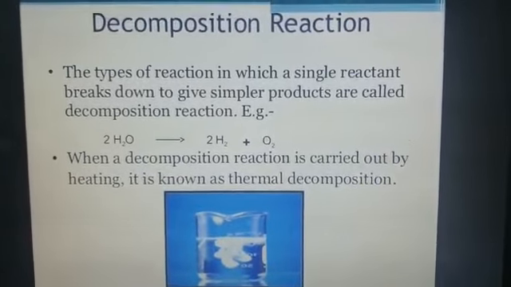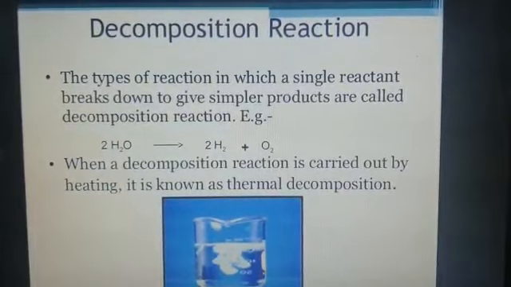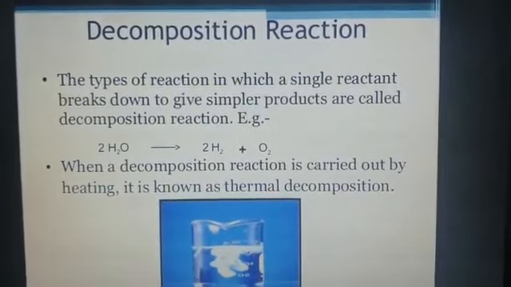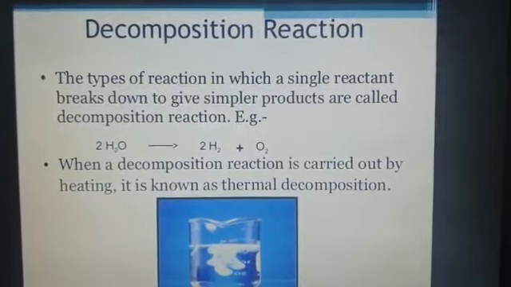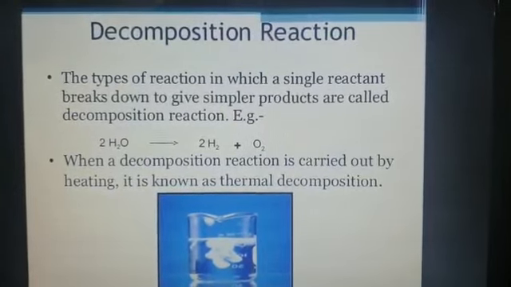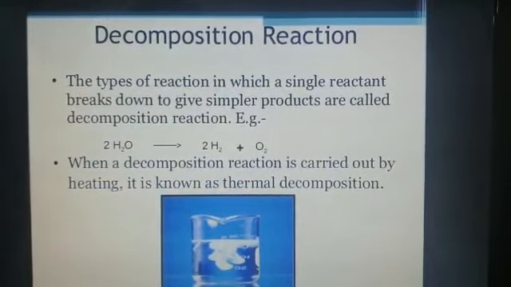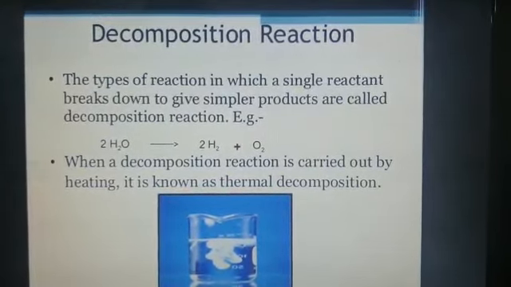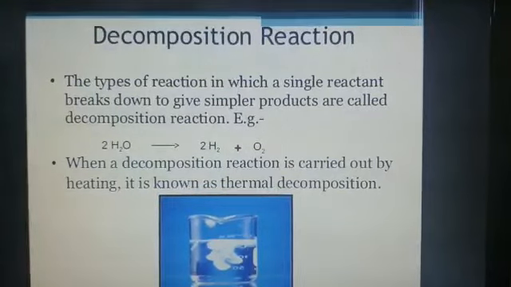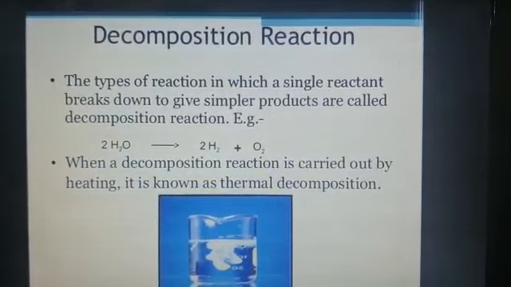The next type of reaction is decomposition reactions. Decomposition reactions are the reverse of combination reactions. In combination, two reactants were combining to give the single product. In decomposition, a single reactant decomposes into simpler products.